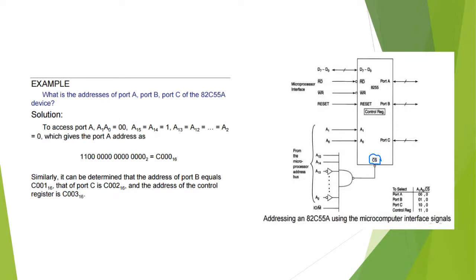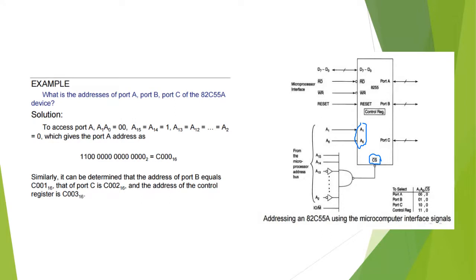And the other two signals are A0 and A1. How are they connected? A0 may be connected with A0 of the microprocessor address line, A1 with A1, or maybe A0 connected with A1 and A1 connected with A2, or some different way. So it depends.